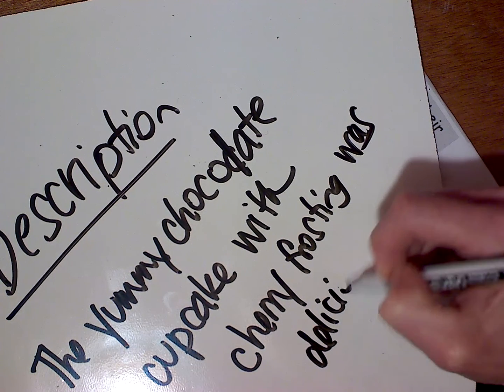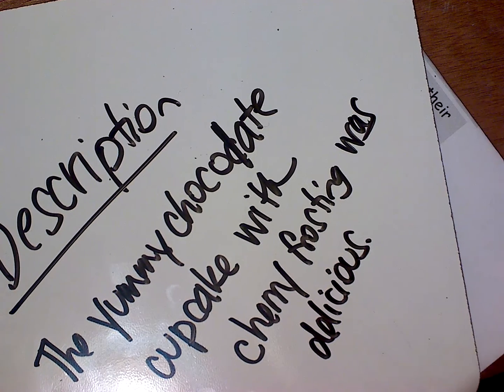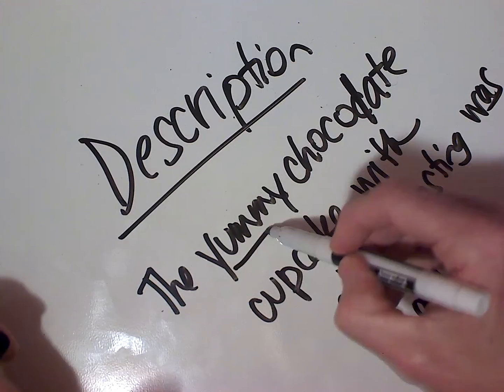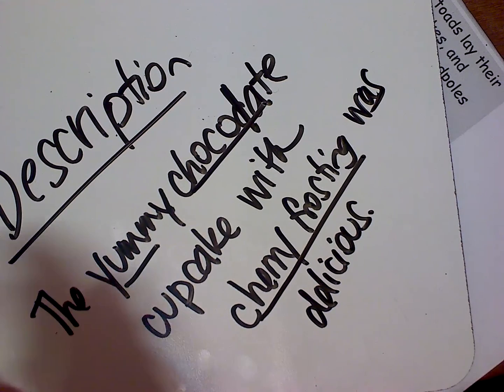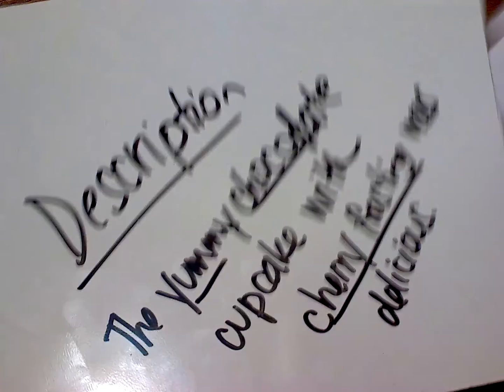Well, what is this whole sentence about? It is about this cupcake. Do we know anything more about the cupcake than it's just a cupcake? Yes. We know that it's yummy, we know that it is chocolate, and we know that it has cherry frosting. So in one sentence, we have described or given a description of a cupcake.